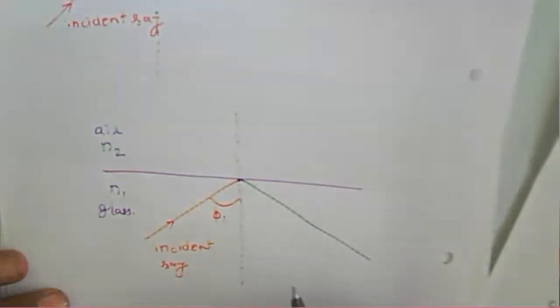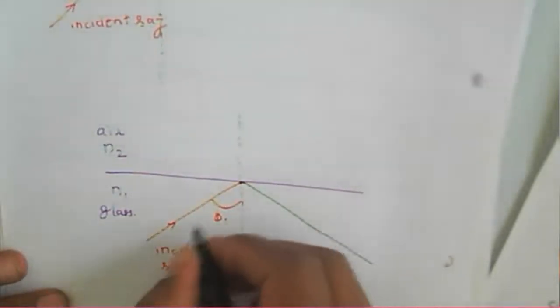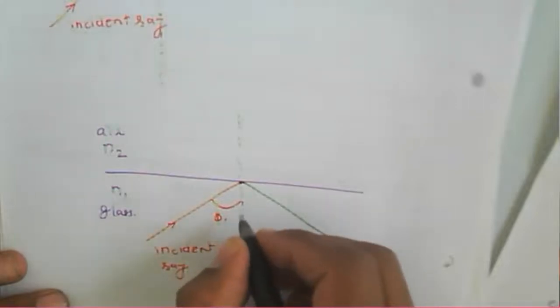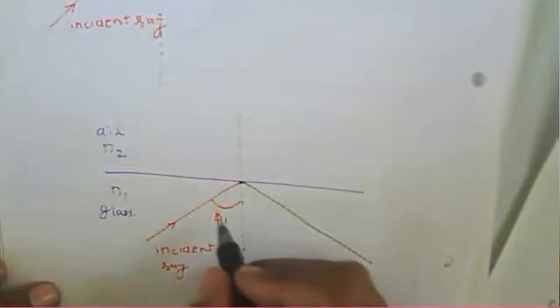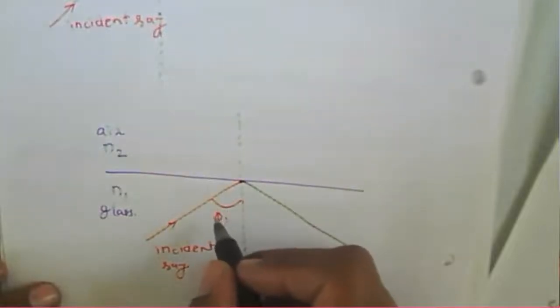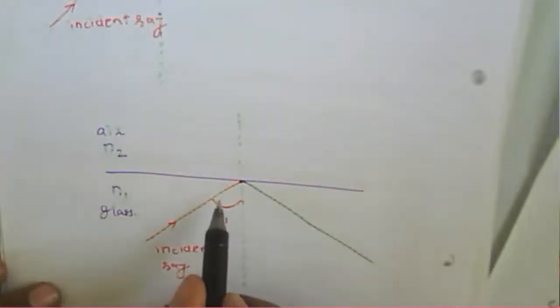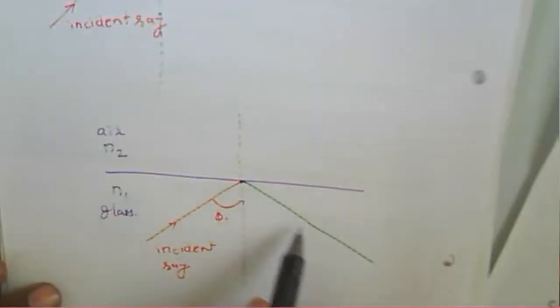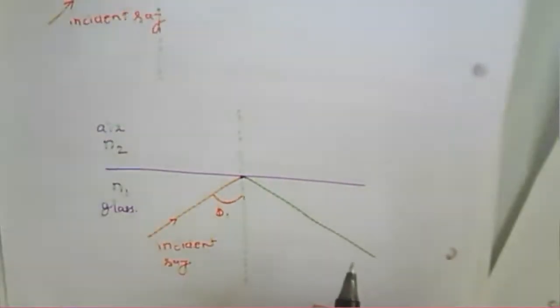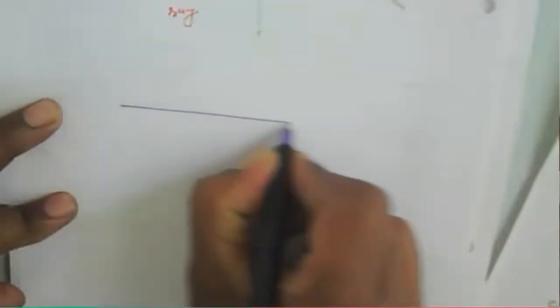So everything depends upon the angle here. If that angle phi is large, then at some particular point it will start reflecting back.